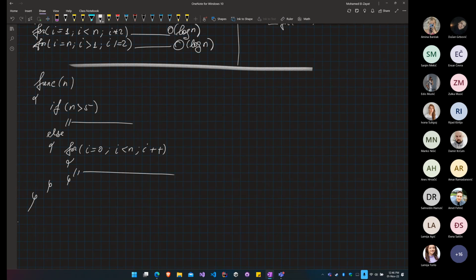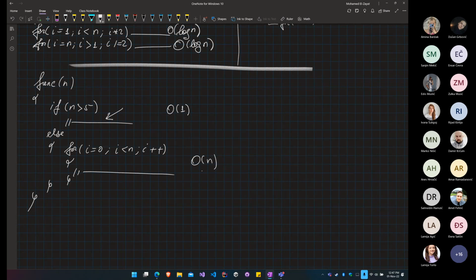In this specific case, you're going to have two complexities, in fact. In some case, it will be actually O of 1. As long as n is larger than 5, it will take only one operation to finish the job. However, if n is less than 5, it's going to take n times to finish the thing.